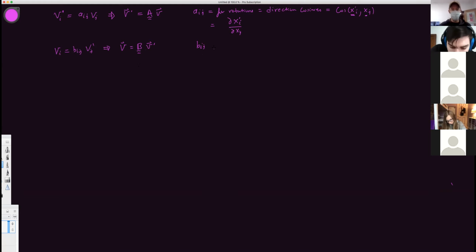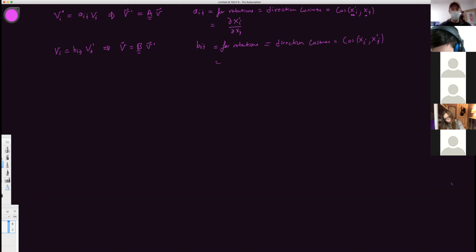Okay, and these guys for rotations are the direction cosines between the x unprime i and the x prime j, like this. So you can see it's kind of backwards, right?